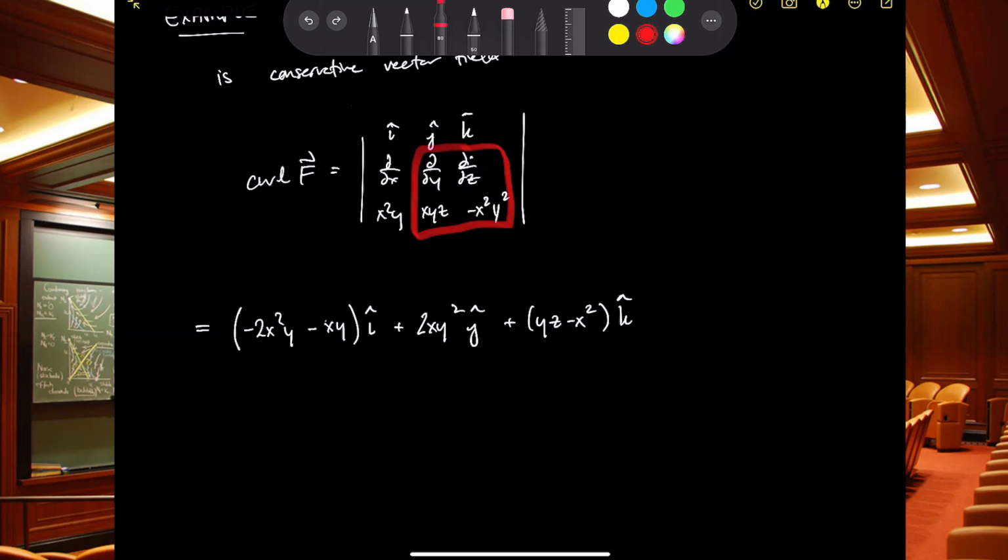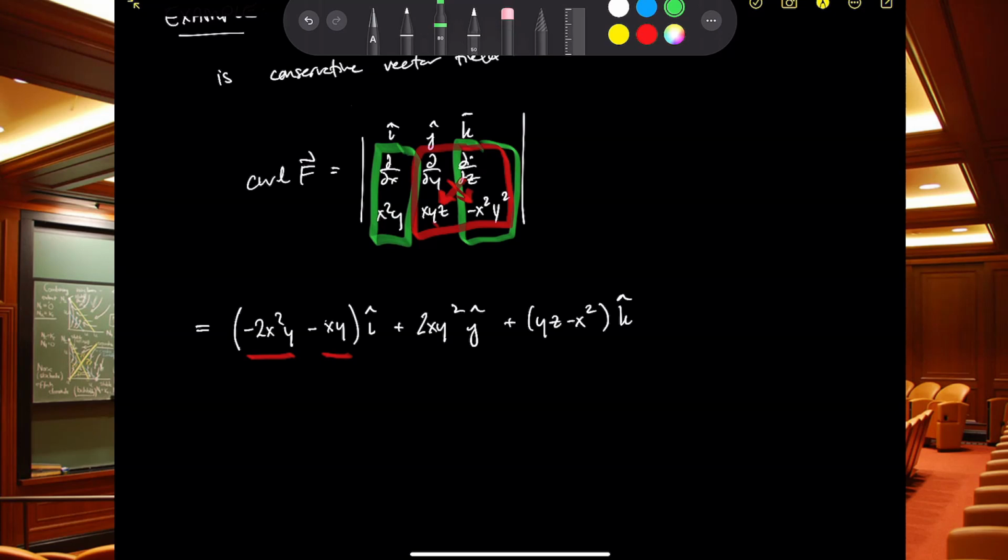When we multiply, we're really taking the operator here. We're taking the derivative with respect to y of this bottom right, and the derivative with respect to z of this bottom left, and then subtracting. So that's why you see this negative 2x squared y, and then minus xy, because this one was differentiated with respect to z.